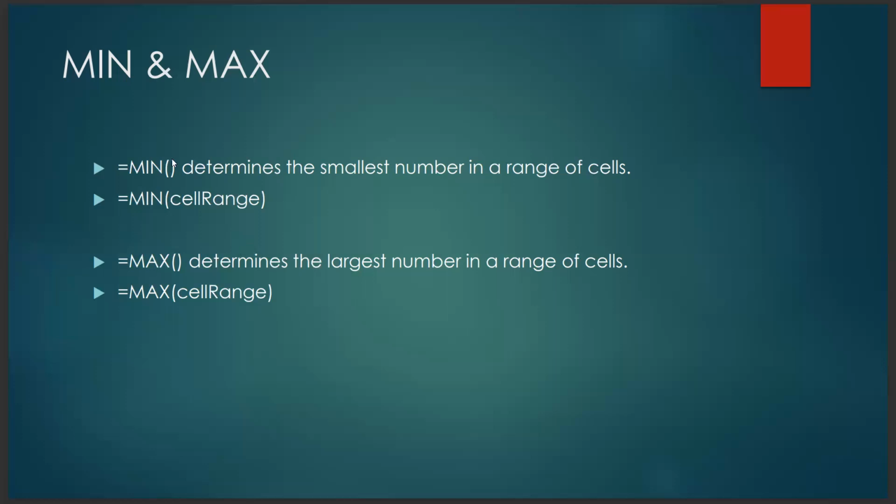In brackets, that is where you insert your cell references or the cell range. Same thing applies with the maximum. You click equal to, choose the function, which is max or maximum, and then in brackets you insert your cell range or your cell references.